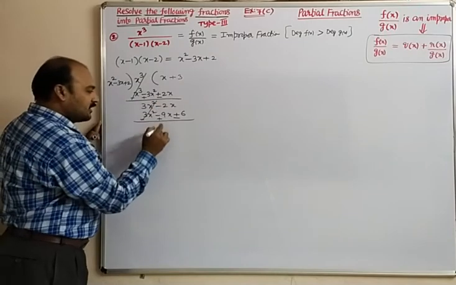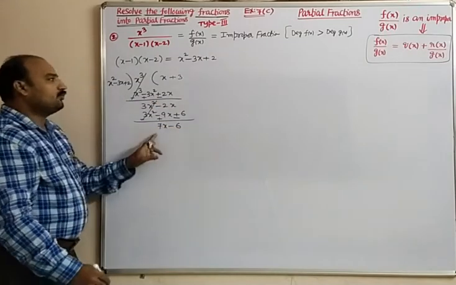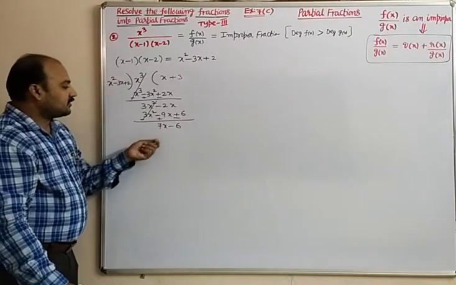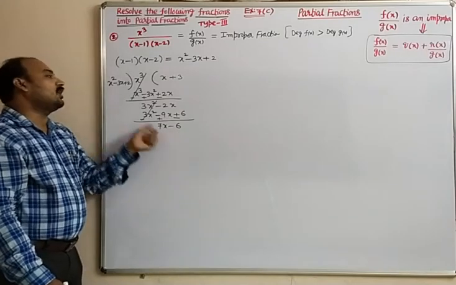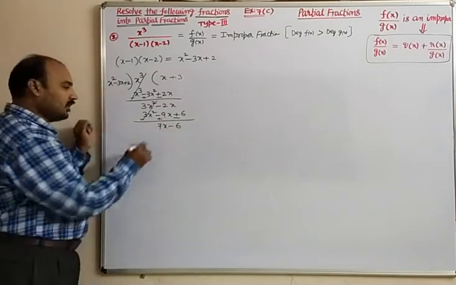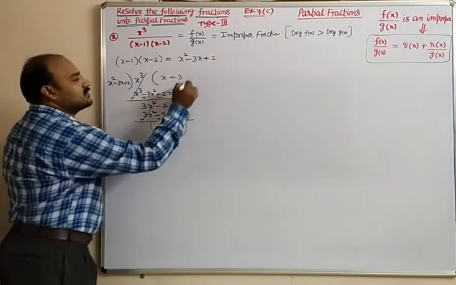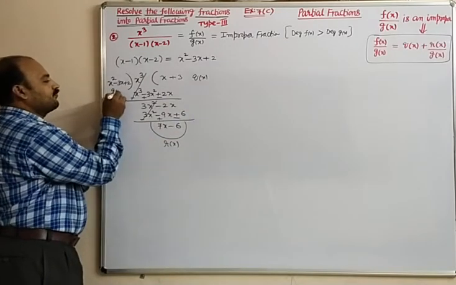Plus 9x minus 2x is 7x minus 6. Now this is the remainder r of x, and the remainder degree should be less than that of g of x. This is the quotient q of x. This is g of x.